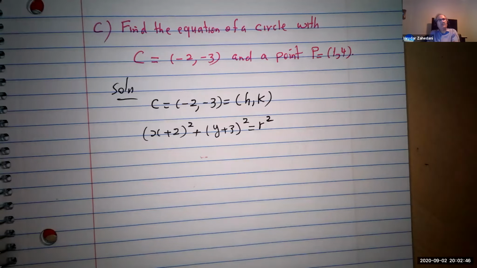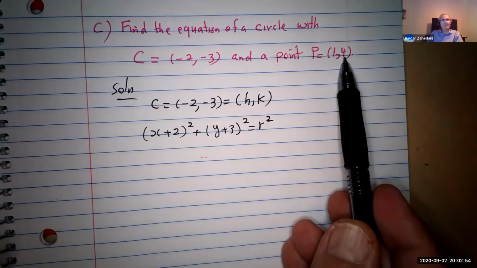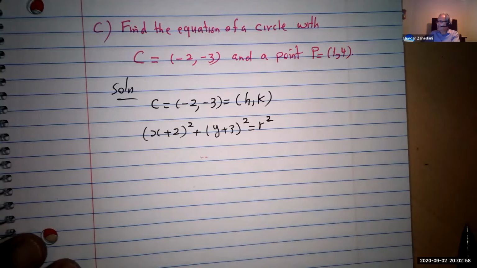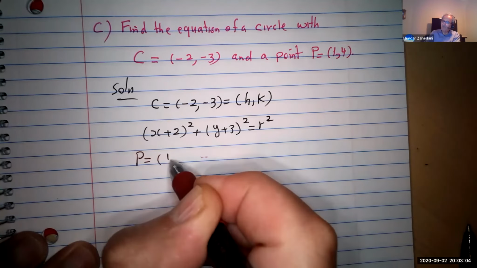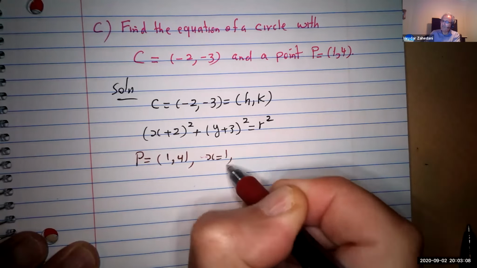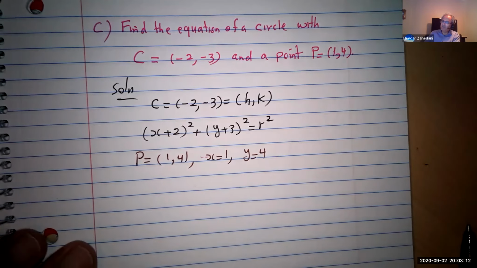Okay, now in order to get the r, you need one equation. How are we going to find that equation? You drop the point P, 1 and 4. So x is equal to 1, y is equal to 4. Okay, so there you are. P is 1 and 4. So this means x is equal to 1, y is equal to 4. Substitute.